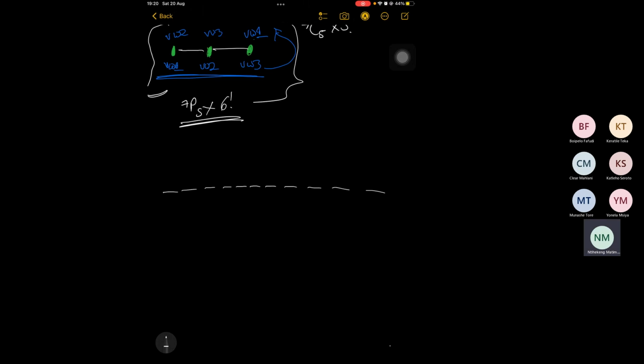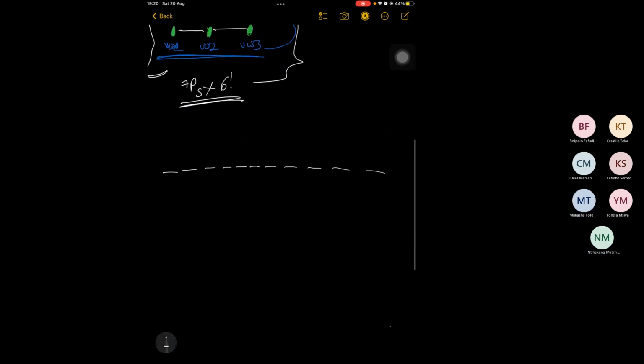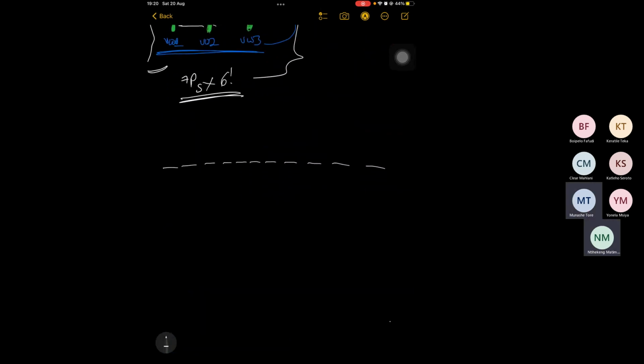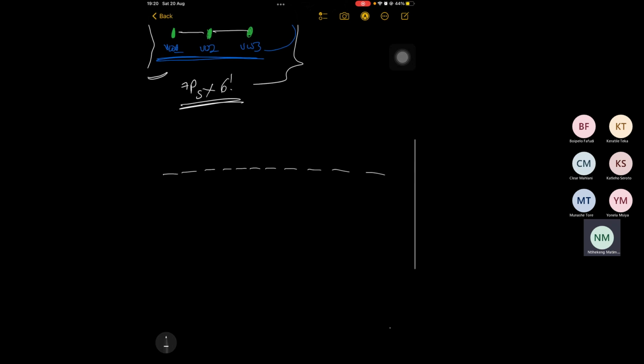For the first operation, you said we always consider the one that is not mentioned in the question. So out of all the cars, it's six Mercedes Benz, right?